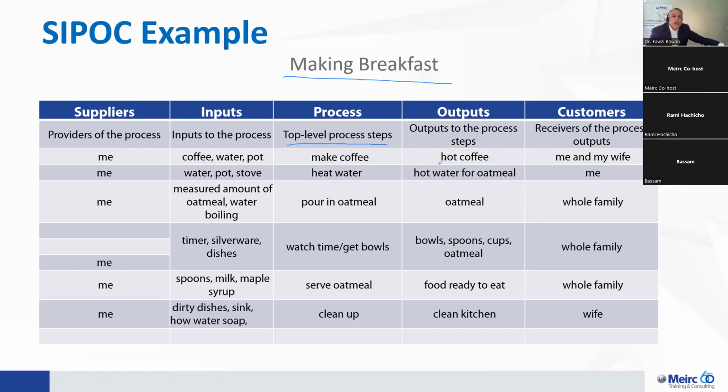So what would be the outputs that I seek to have in my breakfast? Well, there's a hot coffee, there's hot water, there's oatmeal, there's the bowls and spoons and cups, right? And then there is food ready to eat, and then maybe there is a clean kitchen. So an output of the process is that you need to clean the kitchen as well.